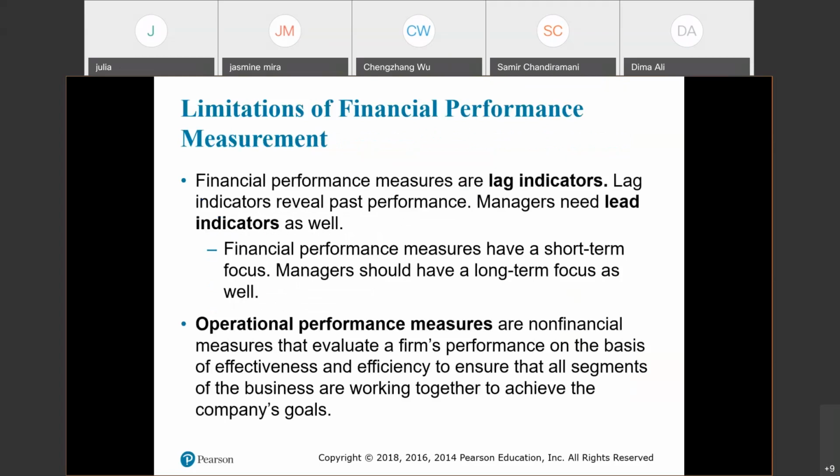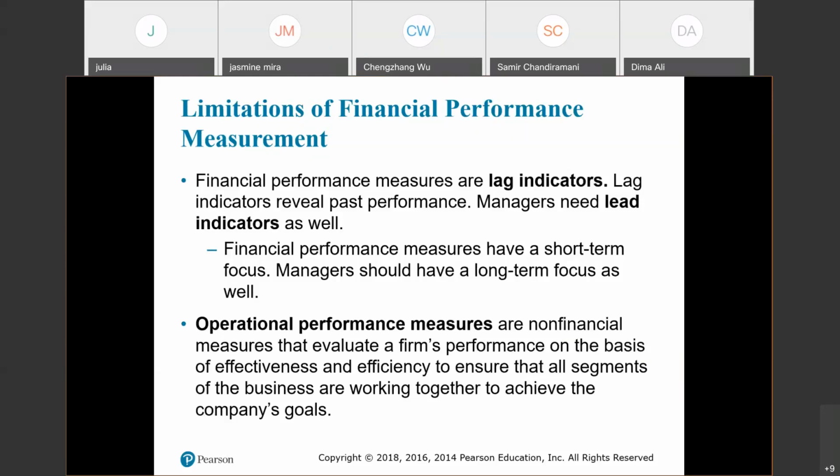In the past, performance measurements revolved almost entirely around financial performance. On the one hand, this focus makes sense because the ultimate goal of a company is to generate profit. On the other hand, current financial performance tends to reveal the results of past actions rather than indicate future performance.